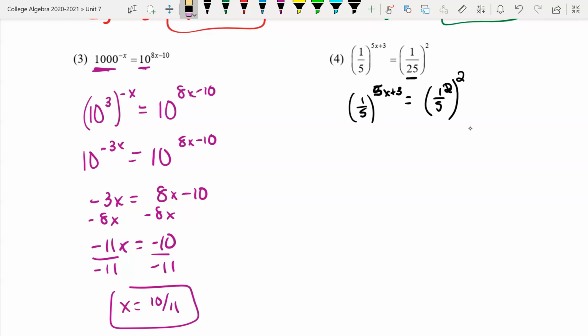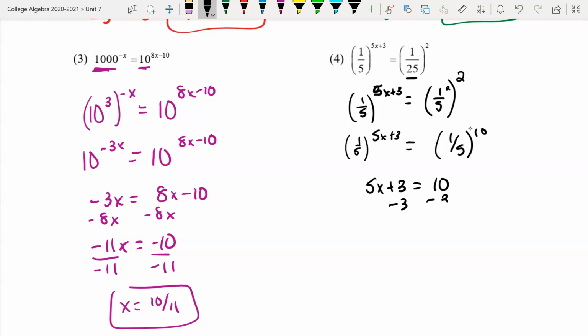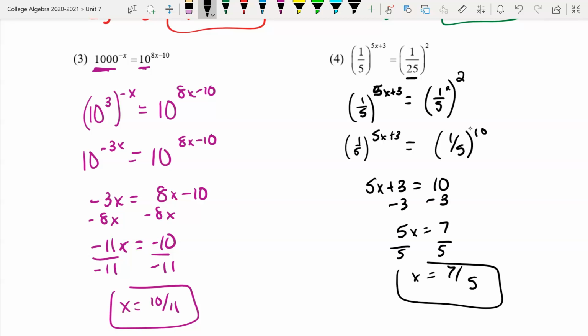Should be saying to the second right there. Kind of got a little sloppy with my handwriting. So 1/5 to the 5x plus 3 equals 1/5 to the 10th. So now I would have 5x plus 3 equals 10. Subtract 3. We get 7/5.